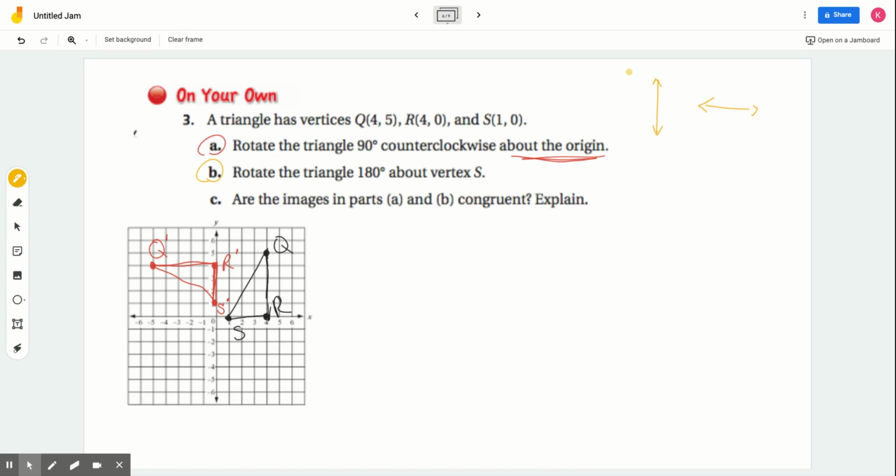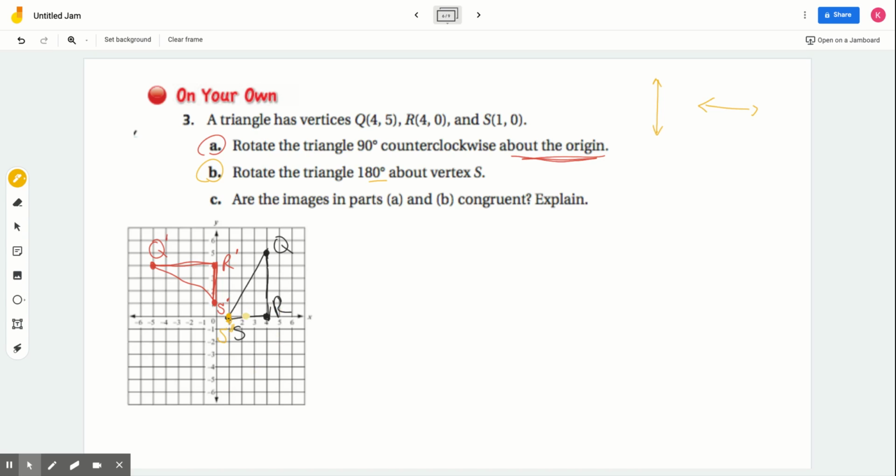So it does not matter if you turn to the right or to the left, you're going to end up in the same position because we're making a straight line. So I'm going to turn to the right, so clockwise. So my S is going to stay the same. So we're going to call this S double prime.